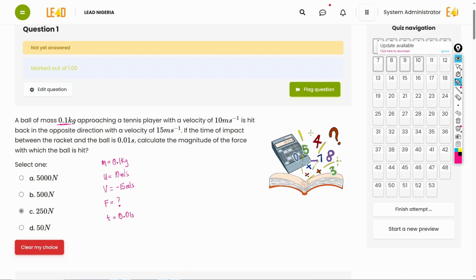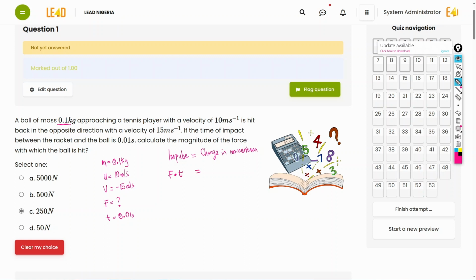All right, so we can use the formula that equates impulse, because impulse is equal to change in momentum. All right, and our formula for impulse is Ft. So F times t is equal to change in momentum.